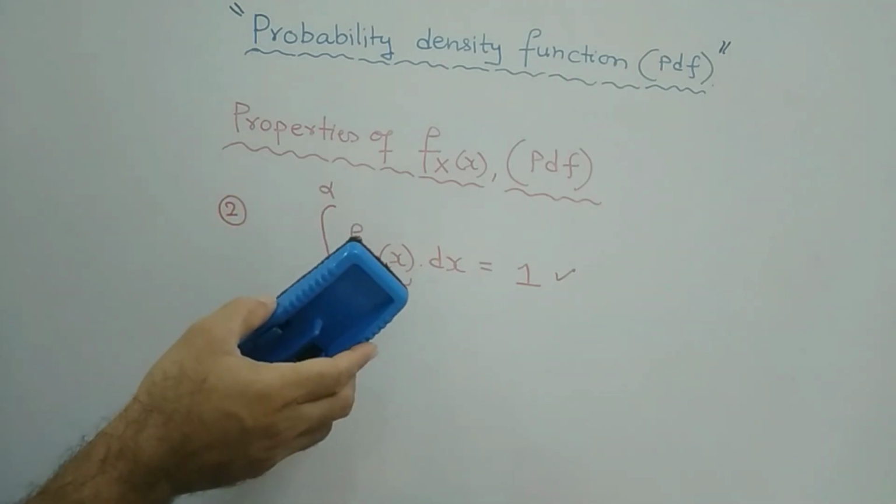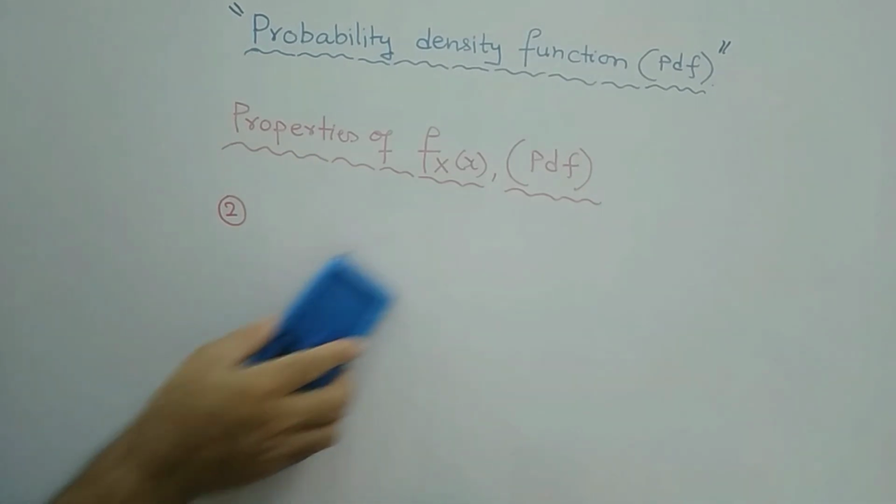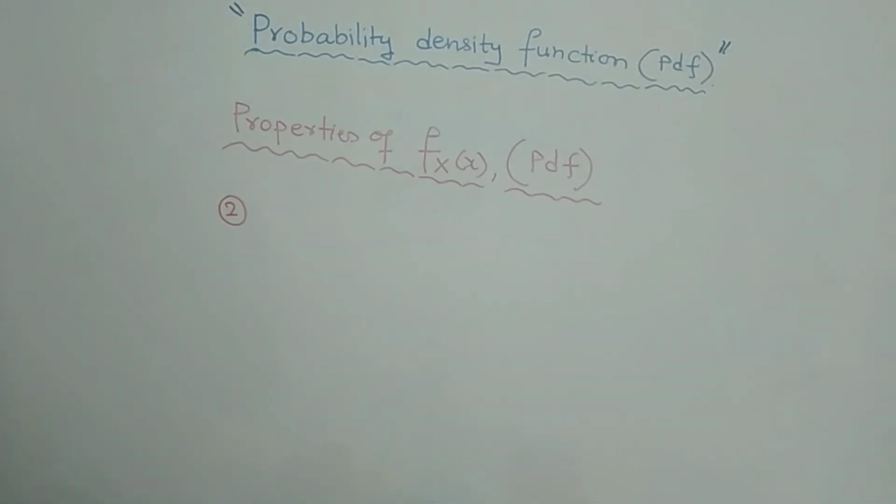Now, what is the third property? So the third property says like this.